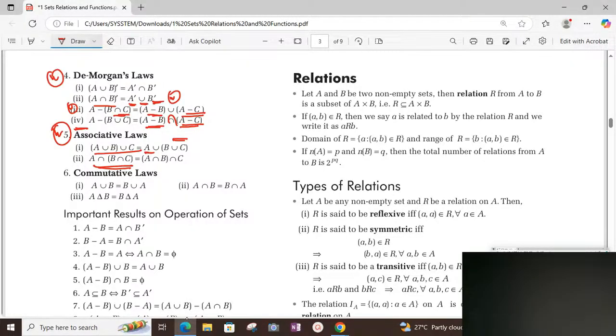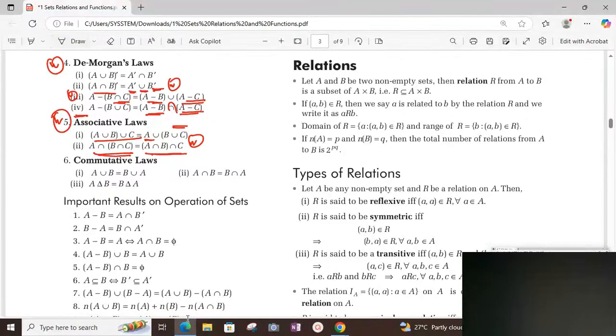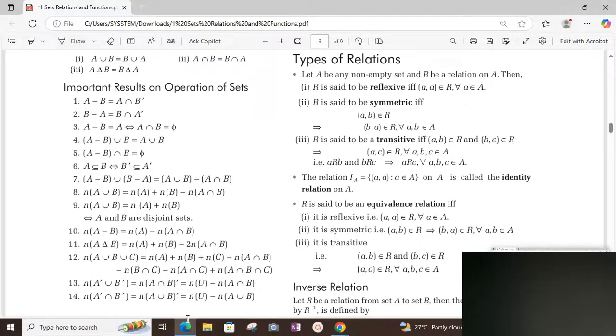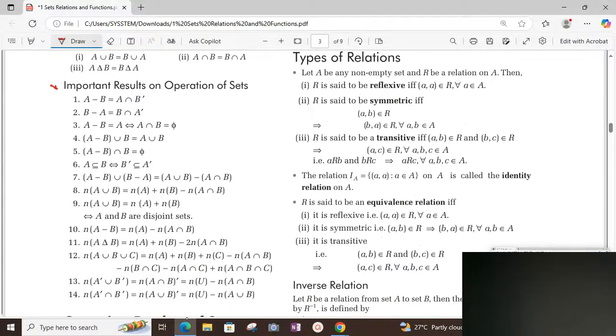Here A intersection (B intersection C) is the same as (A intersection B) intersection C. Observe, there is no problem to understand up to this step. So here are some formulas. These formulas will be used during the solution of exercise problems related to sets, relations and functions.